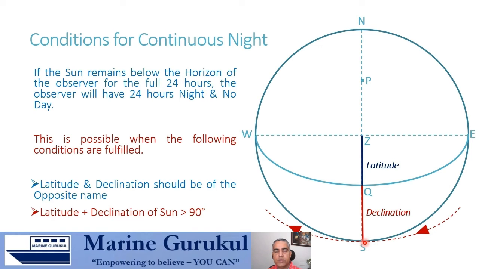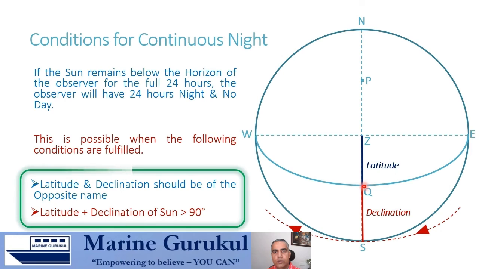Now we are aware that from the Z point to the S point, Z is the zenith, S is the south point on our rational horizon, the total arc length is 90 degrees. From the zenith to the horizon, the arc length is 90 degrees. And we know ZQ is the latitude.